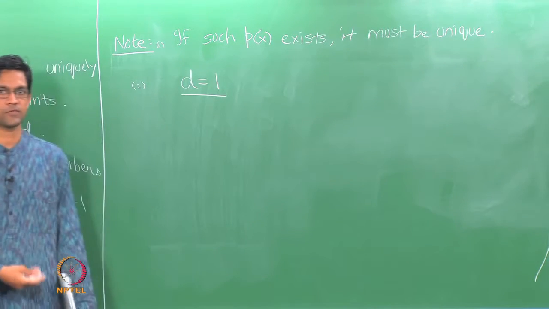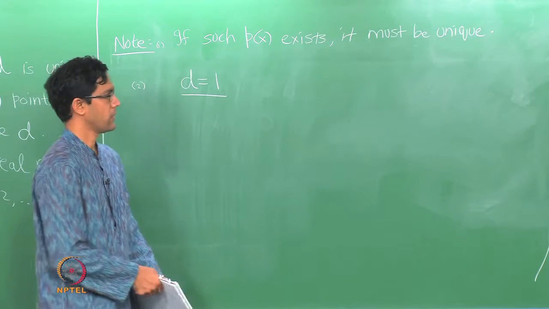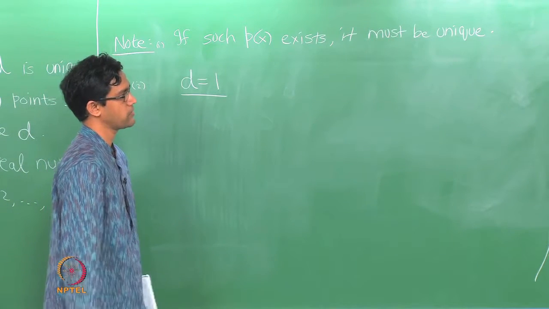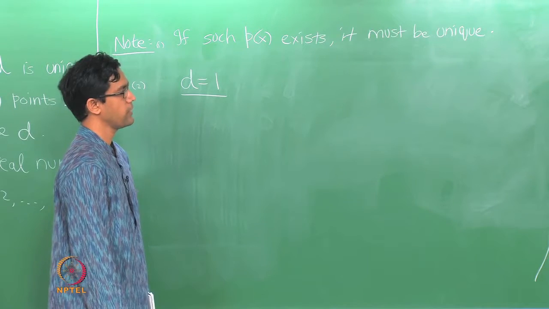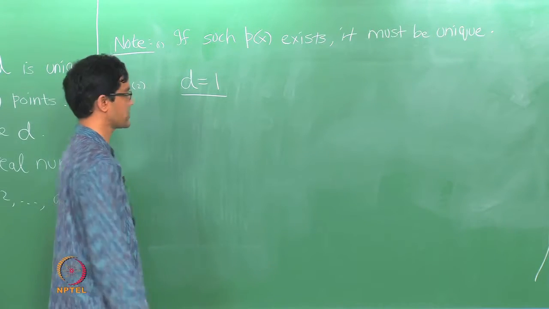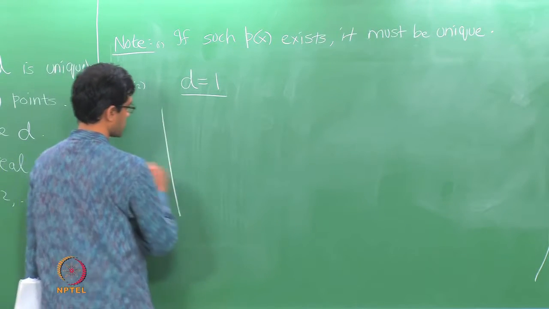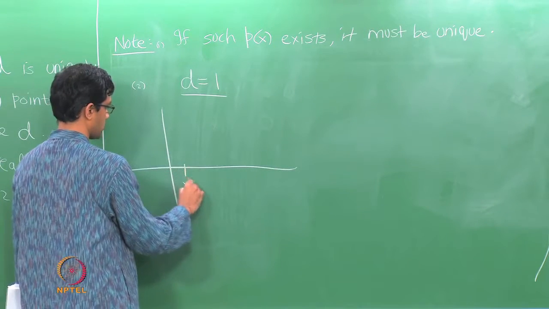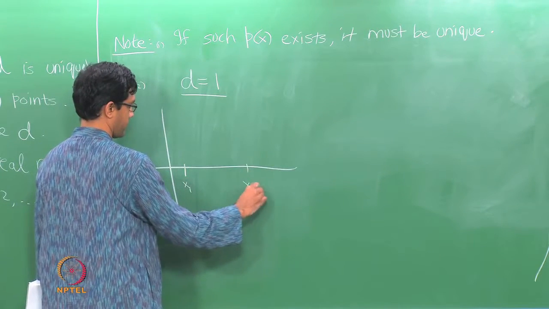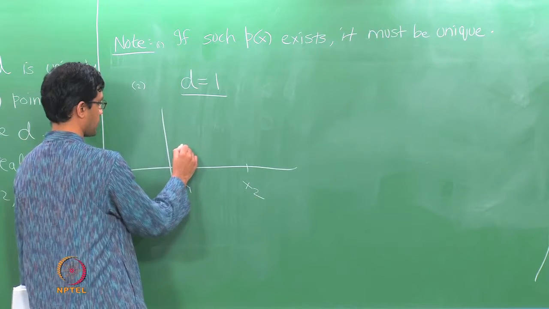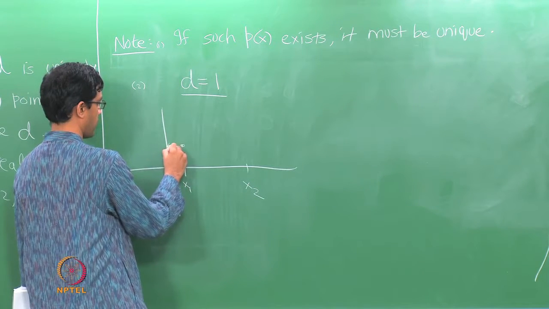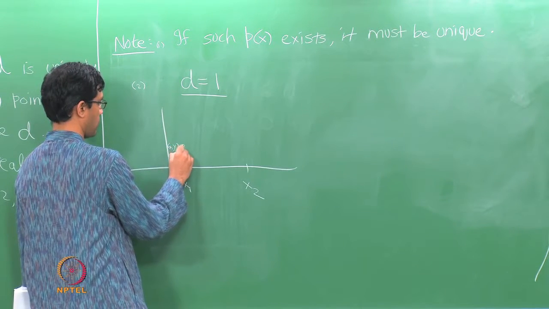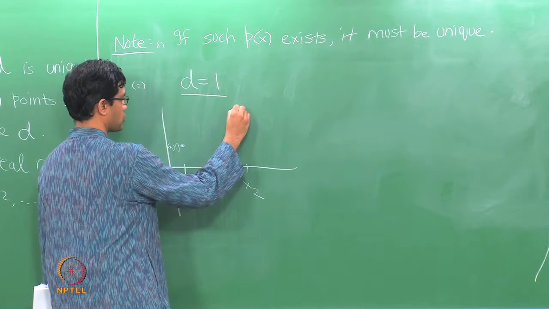So let us take the case when d equals 1, in the interpolation problem. What does that mean? It means that you need to find, what are you given? Firstly, you are given 2 points x1, x2, and you are given 2 y values. So I am given y1, y2, so I have x1, y1, and I have x2, y2.